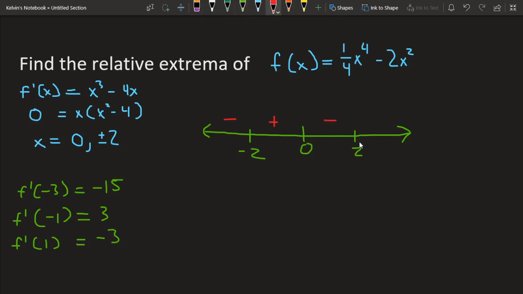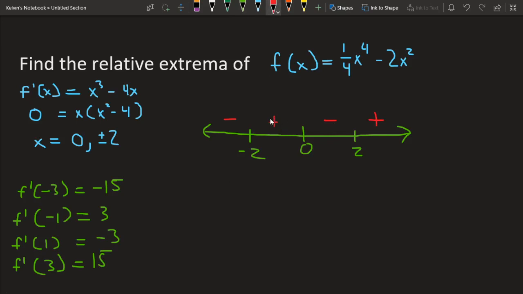And now for the final set right here, we can do f prime of 3, because 3 is between 2 and positive infinity. So f prime of 3 is equal to 27 minus 12, and for this one, I'm using the top equation because it's a bit easier. 27 minus 12 is positive 15, and this will become a positive right here.